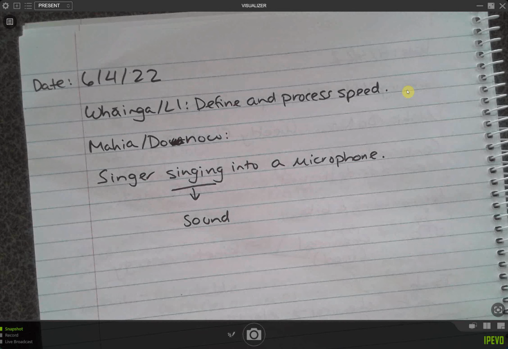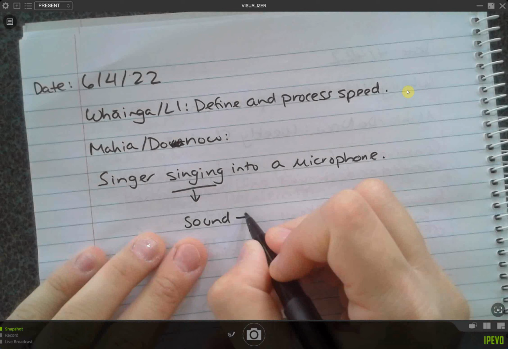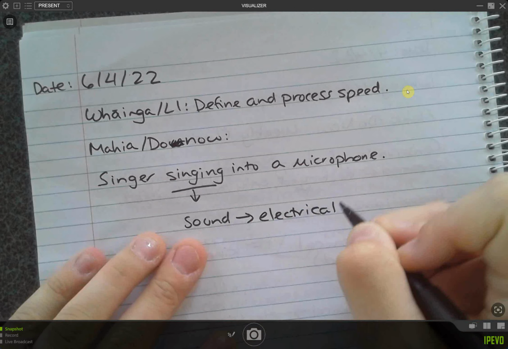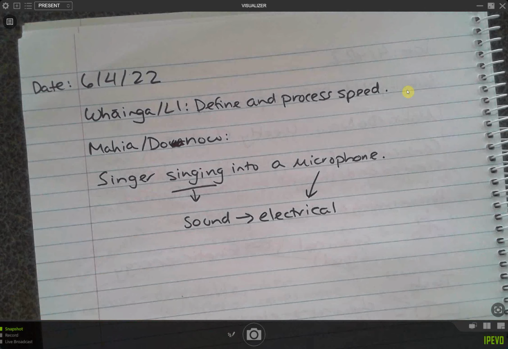And then that microphone, remember, is an electronic device, so that sound's getting converted into electrical. I'm just doing those little arrows to show you guys how I've figured out that answer.